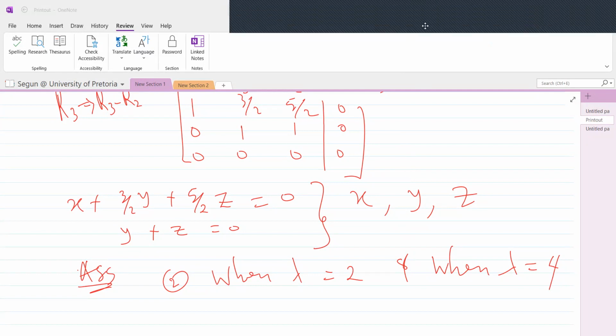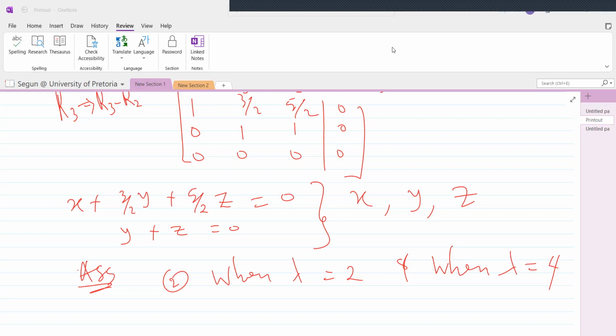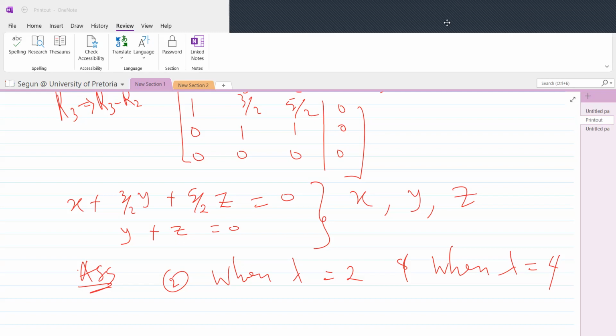How can we use this pivot to get our rank? Now, remember, the use of pivots is a different thing. Majority of the pivots are not square matrices. Do you agree? Okay, sir.